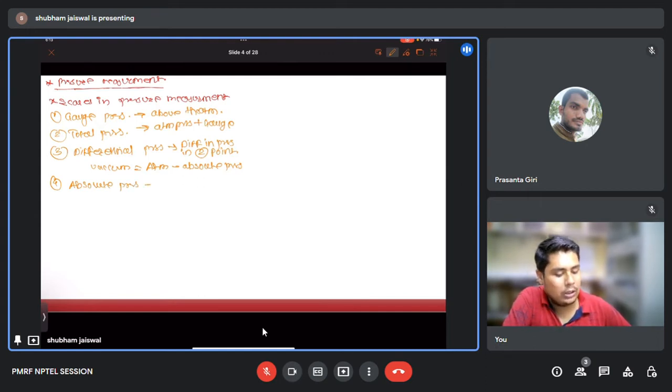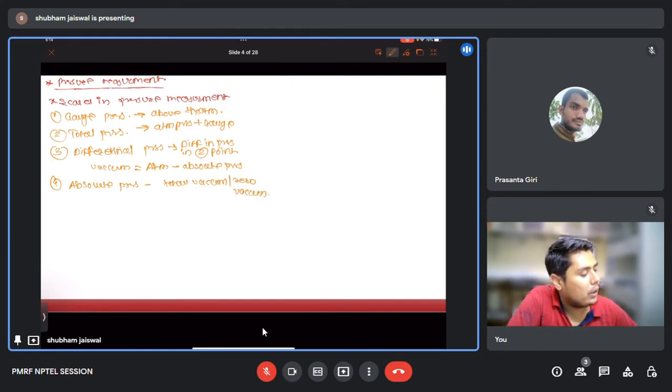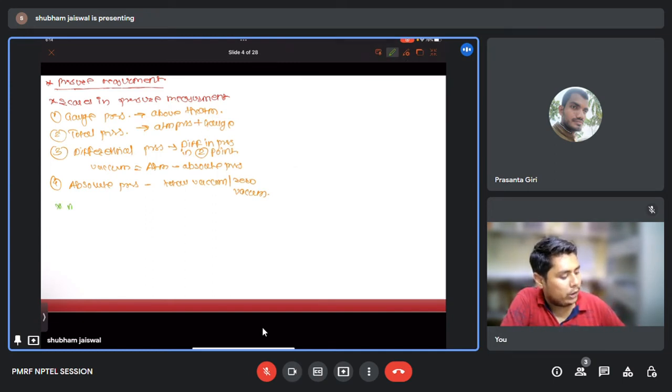In that we have seen the total vacuum or zero vacuum. After this, we have seen the different pressure measuring instruments, such as the manometer.